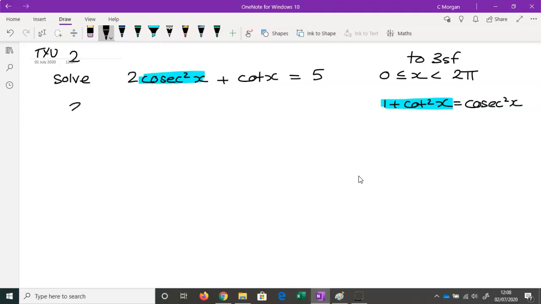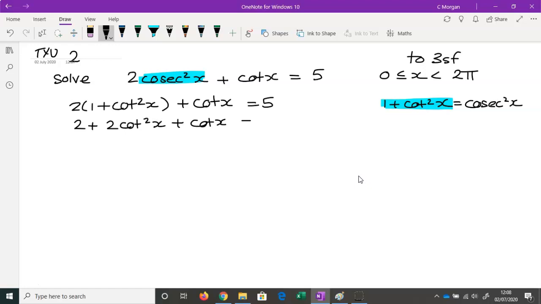So I've got 2 lots of 1 add cot squared x, add cot x is equal to 5. So 2 add 2 cot squared x, add cot x is equal to 5. So therefore 2 cot squared x, add cot x, negative 3 is equal to 0.